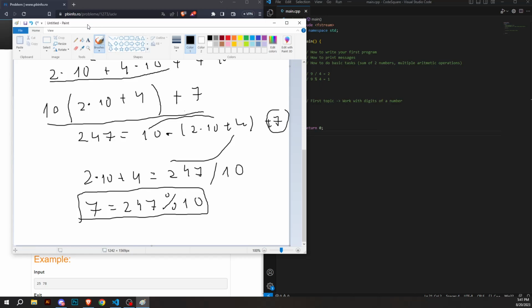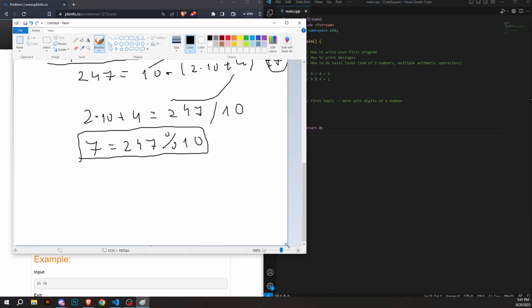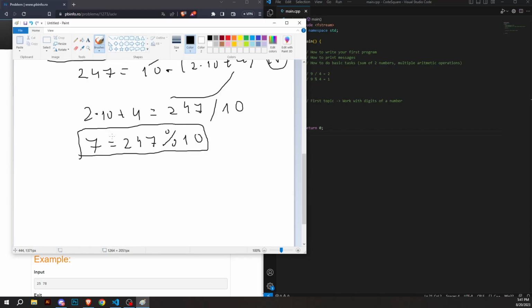And actually, we can also look at it more logically in some other way. For example, what if we had 247, okay, and we want to get this 7? Well, when we are doing the remainder, basically the division with 10, the last digit is actually what cannot be taken anymore, if you know what I mean.